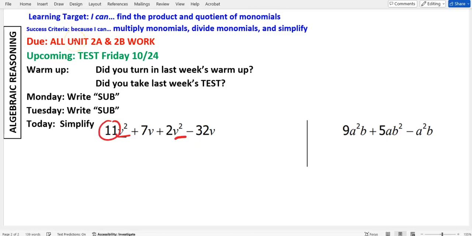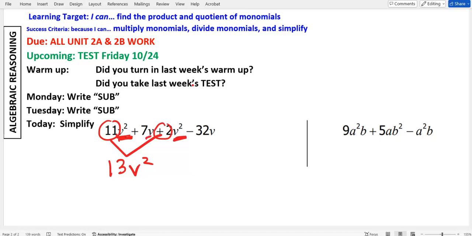So you're going to do 11 plus 2, which is not 6 or 7. 11 plus 2 is what? 13v squared. Do you see how the same term and the same term you're adding? Whatever's in front, the coefficient.